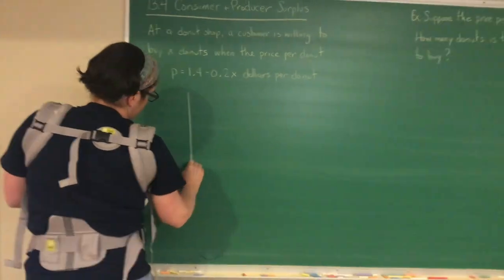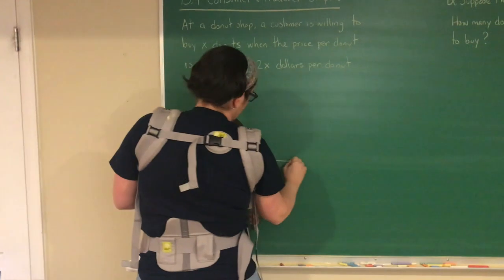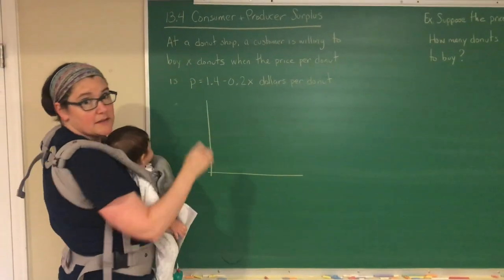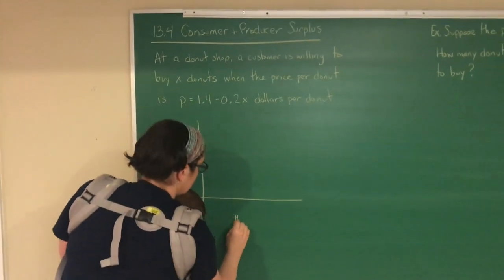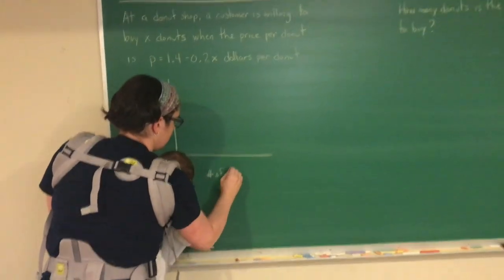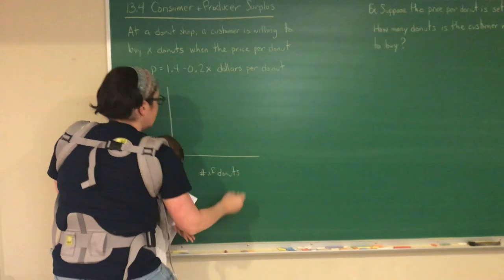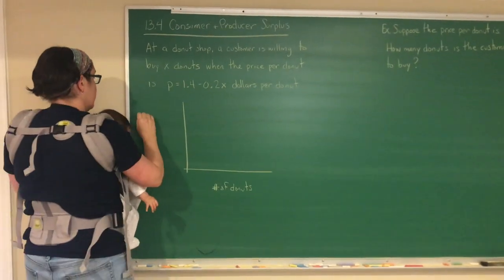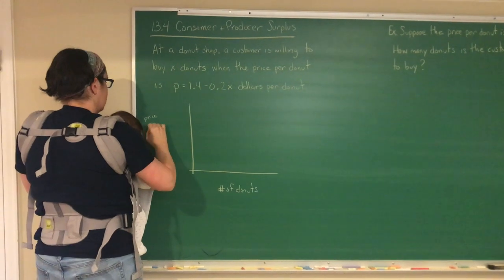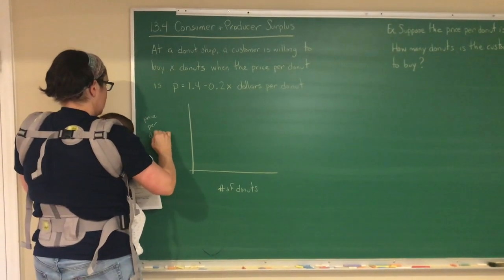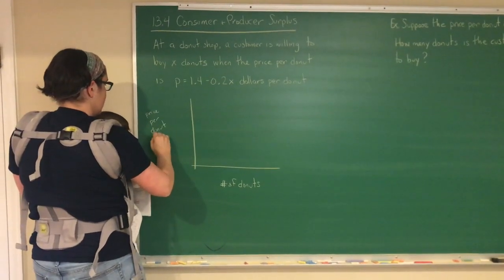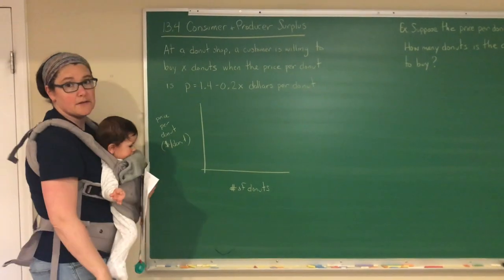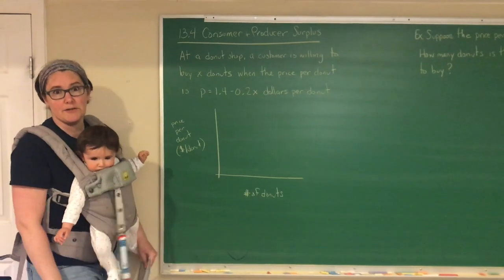All right, so the picture that we are drawing has on the x-axis, x representing the number of donuts, and on the y-axis, the price per donut. The label there is dollars per donut, or dollars per unit if you don't want to think about donuts.